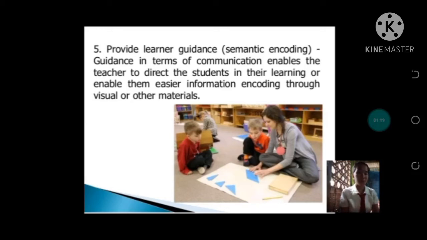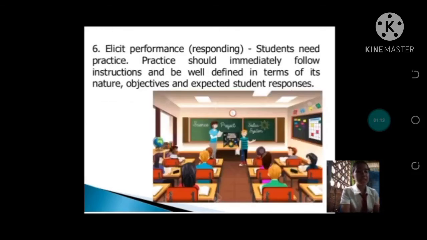Next is elicit performance, or responding. Students need practice. Practice should immediately follow instruction and be well defined in terms of its nature, objectives, and expected student response. So, this event of instruction tells the response from what the students have learned.